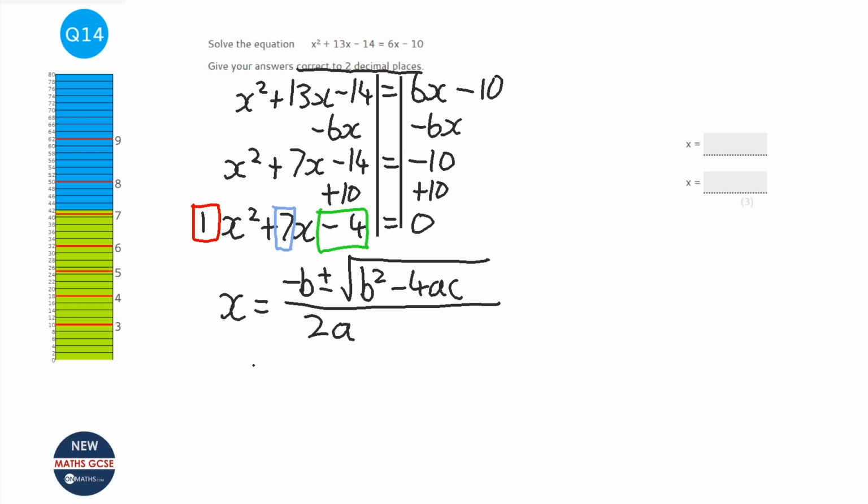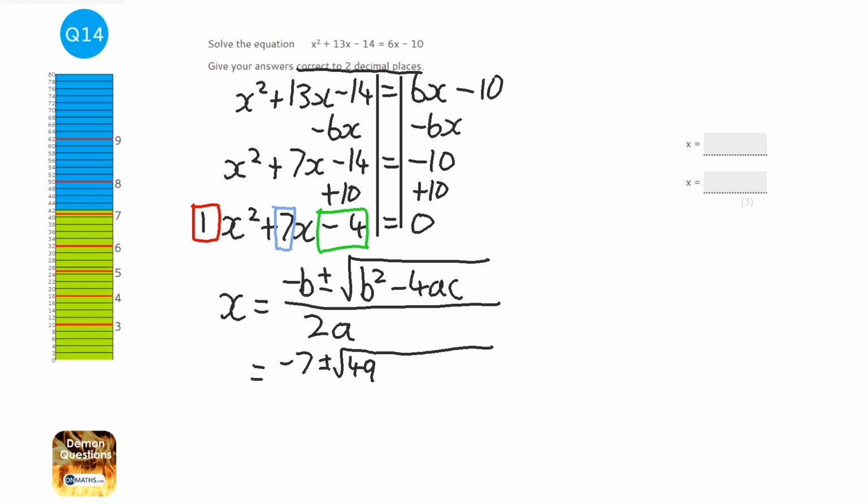So when I substitute it in, b was 7, so it's minus 7 plus or minus the square root of b squared, well that's 7 squared, which is 49, so I might as well write 49. Now it's minus 4 times a times c. a is just 1, so we can ignore that. Minus 4 times c, which is minus 4.